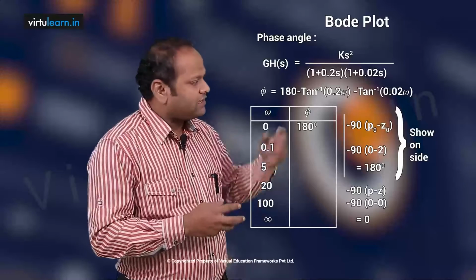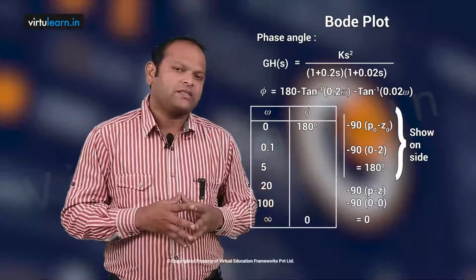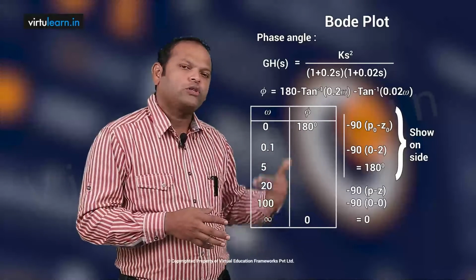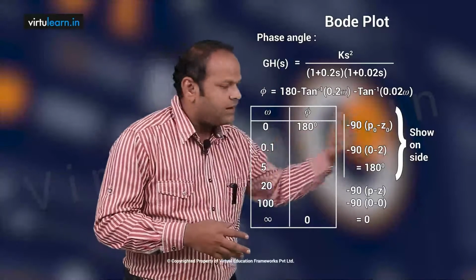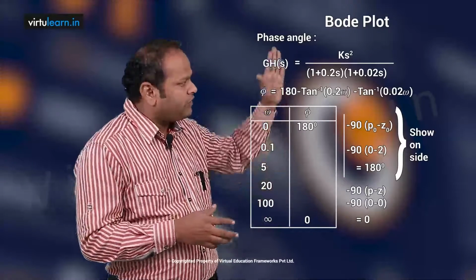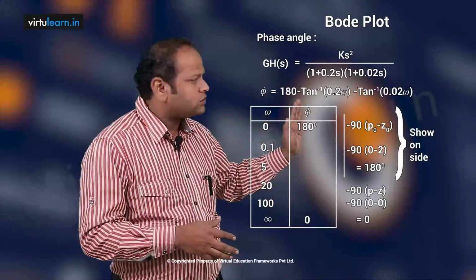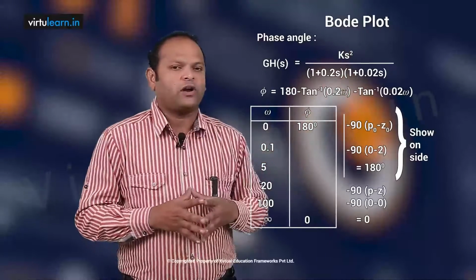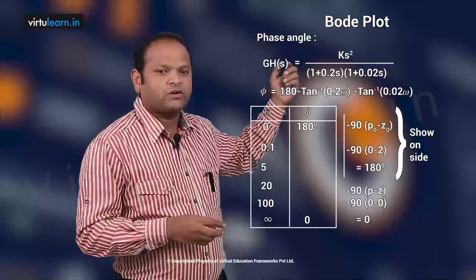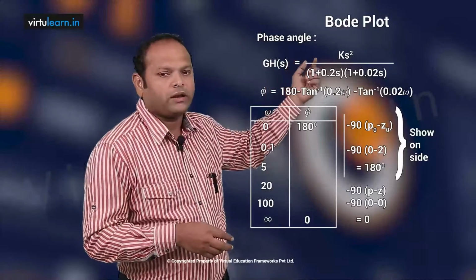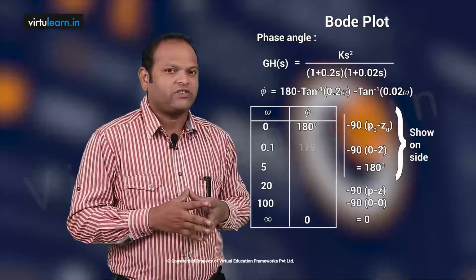So, when omega is infinity, it is going to be 0 because minus 90 into (p minus z), there are two poles and two zeros, therefore it is going to be 0. So, when omega is infinity, finally it is going to be 0. So, in between we need to take omega values and find out what are the corresponding phase angles. Some typical values you can choose. When it is 0.1, then it is going to be around plus 179.